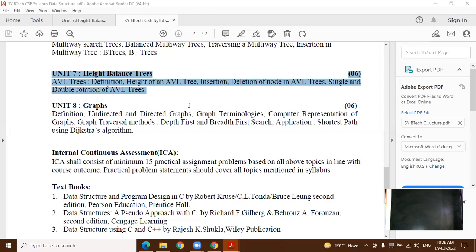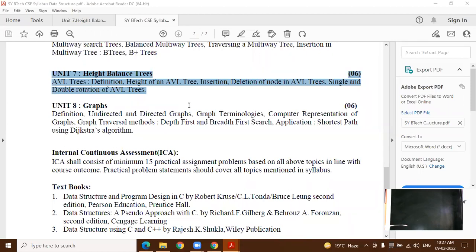When you are performing insertion and deletion, to balance the tree we need to apply rotations. We'll see single rotation and double rotation: how to apply them to convert an unbalanced tree to a balanced tree. All these things we will discuss here.